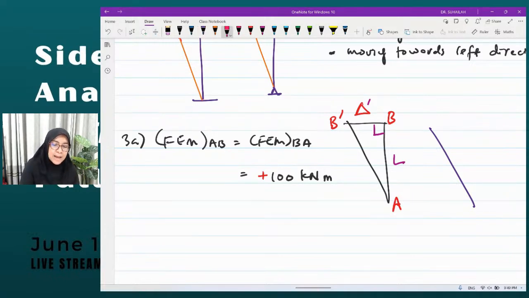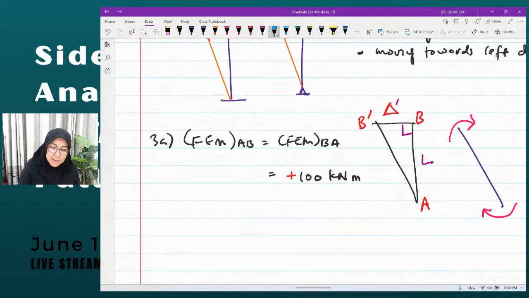So we apply moment like this, then only the column will be vertical again. So we apply moment clockwise. So it is positive. This is the assumption.